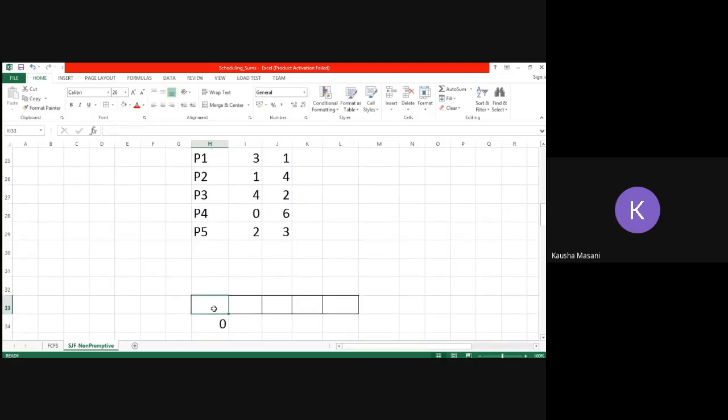Then next in line, P1. It's 7. Then P3. P3 is 9, 7 plus 2.